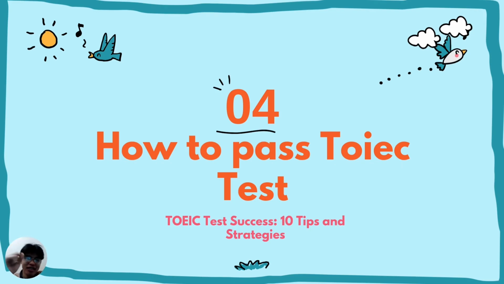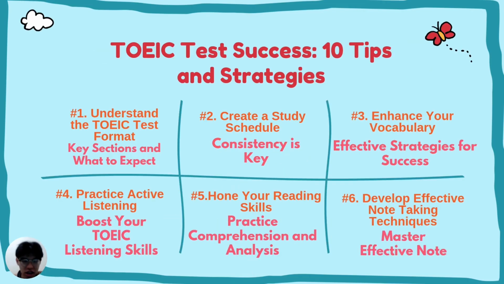TOEIC test success: 10 tips and strategies. Number 1, understand the TOEIC test format, key sections, and what to expect. Number 2, create a study schedule. Consistency and discipline are key.